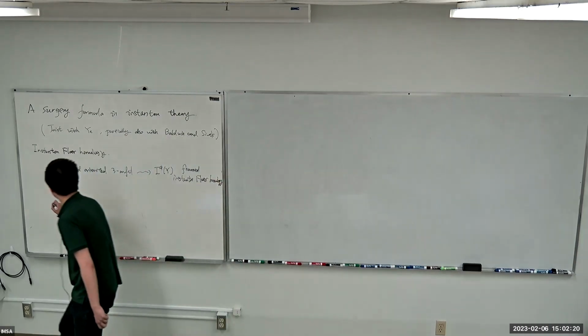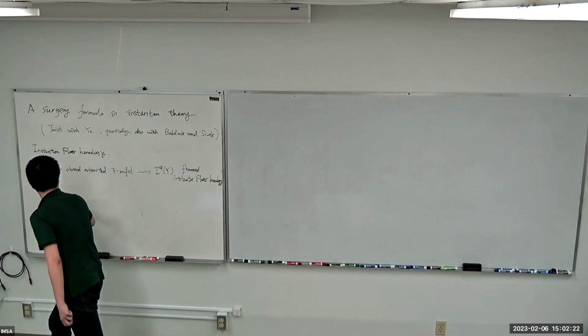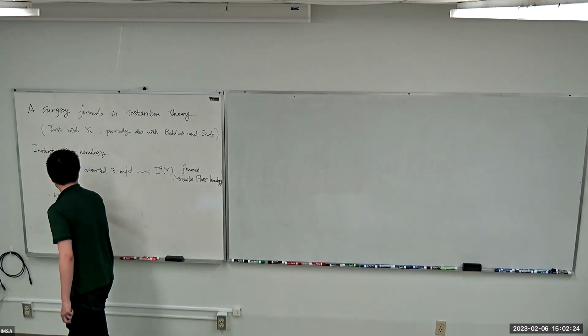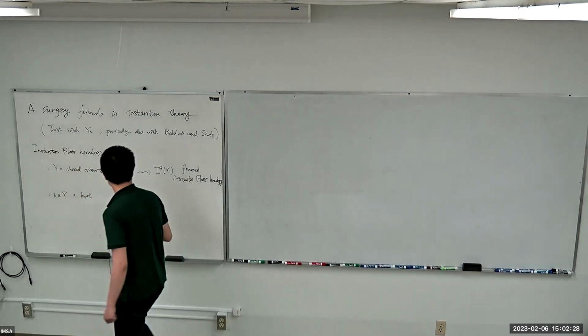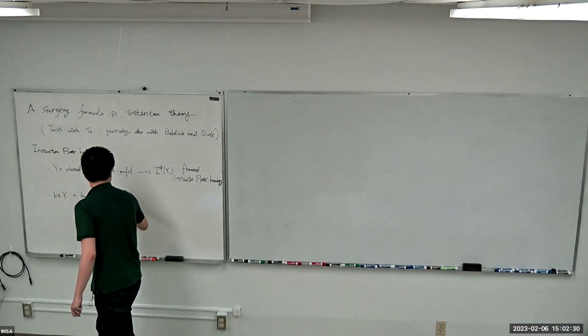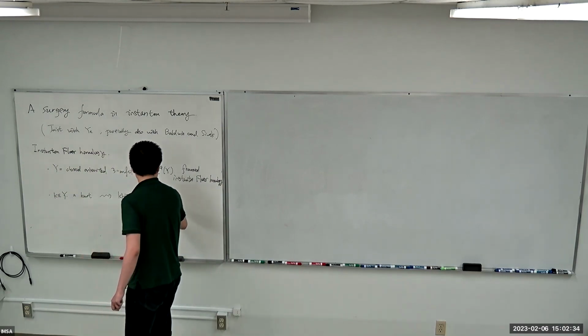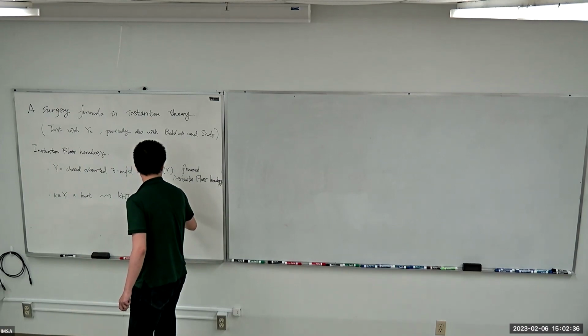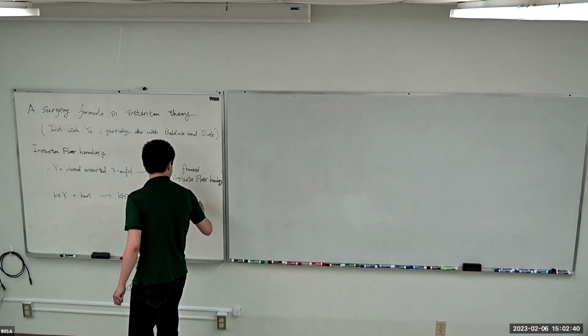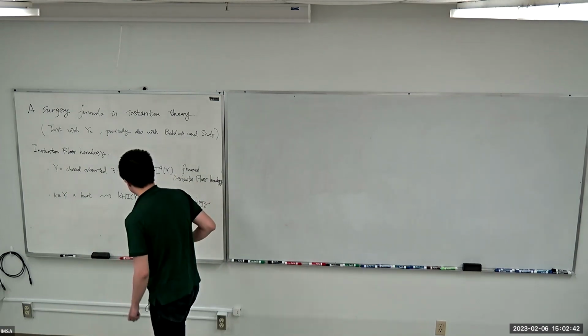And also, if we have a knot inside this Y, and of course in general we also deal with links, then what we have is the Instanton knot homology of this pair.